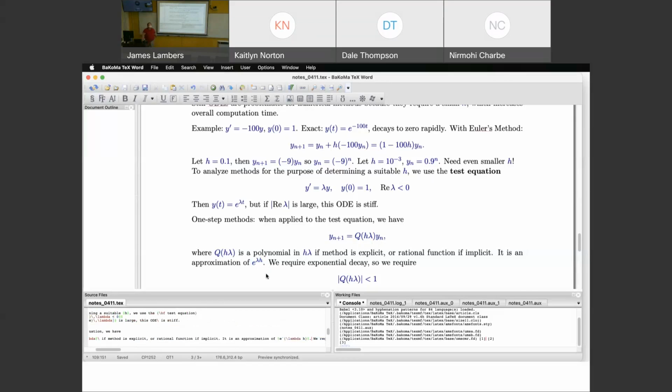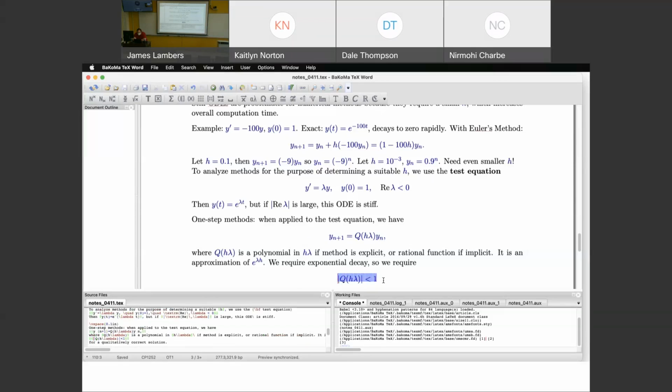That's what happens to the exact solution. You get from y_n to y_{n+1} by multiplying by e to the lambda h, or h lambda, whatever. The exact solution exhibits exponential decay. So this needs to be true.